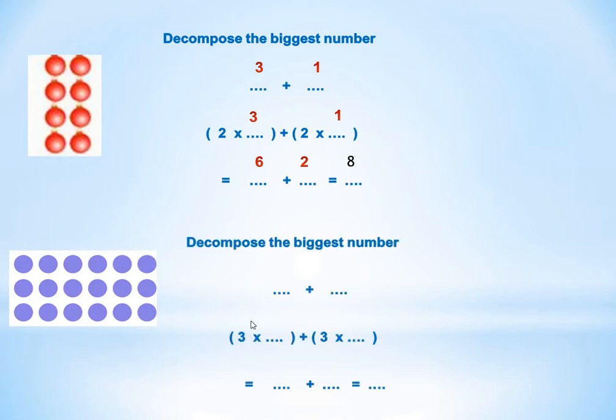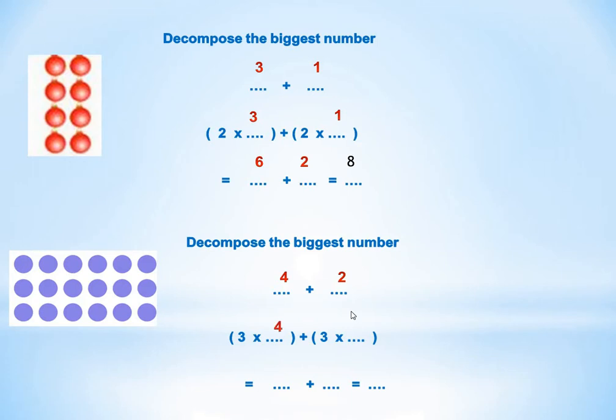We will decompose number 6 into two numbers, like 1 plus 5 or 2 plus 4 or 3 plus 3. The 3 in the short side never changes. So we put 4. 4 plus 2 equals 6. So we decompose number 6 into 4 plus 2.